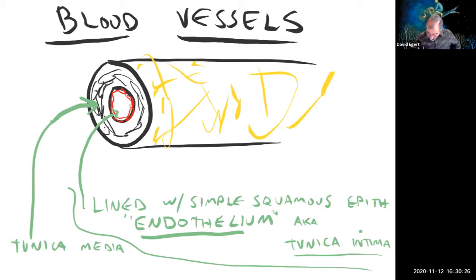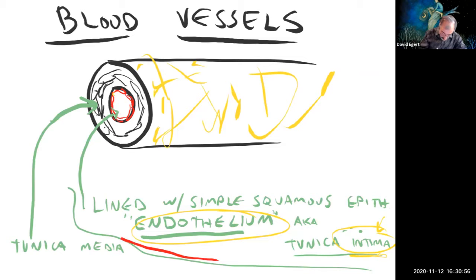So sometimes when you're talking about blood vessels, they'll talk about just intima. So intima or endothelium is just referring to that simple squamous epithelium lining the inside of the blood vessel. If you see this word in reference to a blood vessel, you should know it's just talking about that simple squamous epithelium lining there.